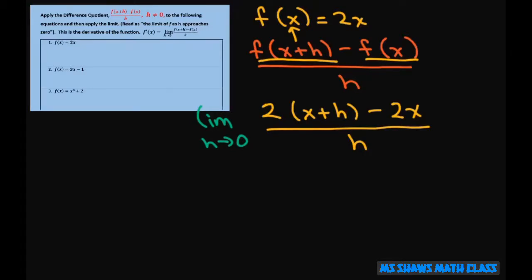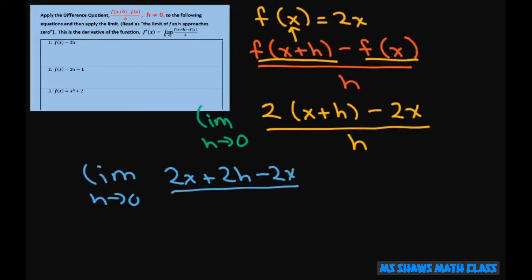So simplifying the numerator, we get the limit as h approaches 0 of 2x plus 2h minus 2x divided by h, which equals the limit as h approaches 0, the 2x's cancel, 2h divided by h. Okay, so now write the limit again.